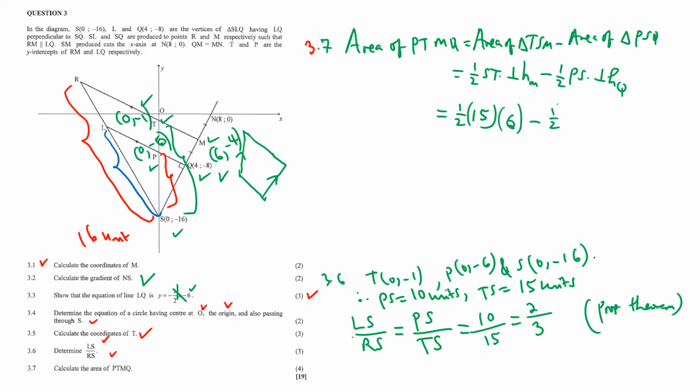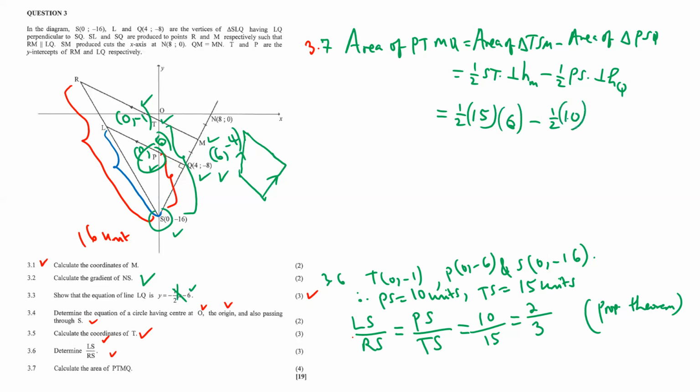Minus 1/2 PS. What is the length of PS? Okay, this is P and this is S, and therefore the length is 0 minus 6, 10 units.